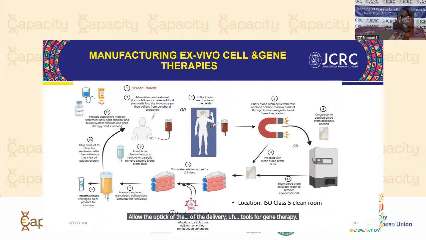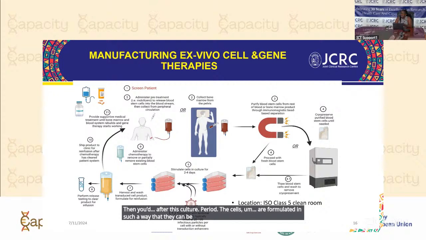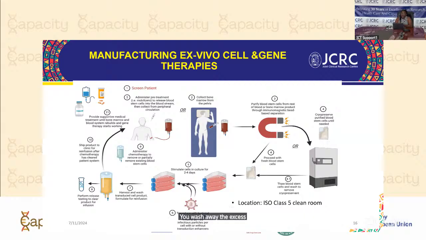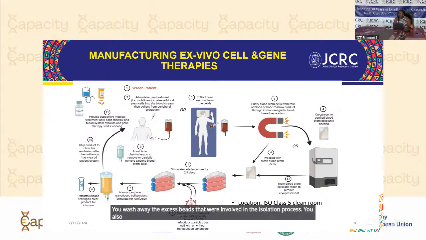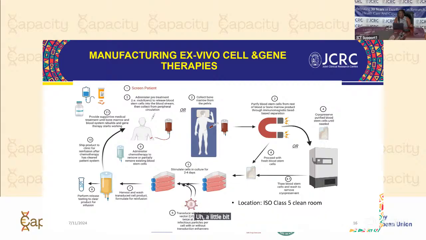Then after this culture period, the cells are formulated in such a way that they can be reinfused back into the patient. That means you wash away the excess virus, you wash away the excess beads that were involved in the isolation process. You also do release testing, which I'm going to go into a little bit further down the way.